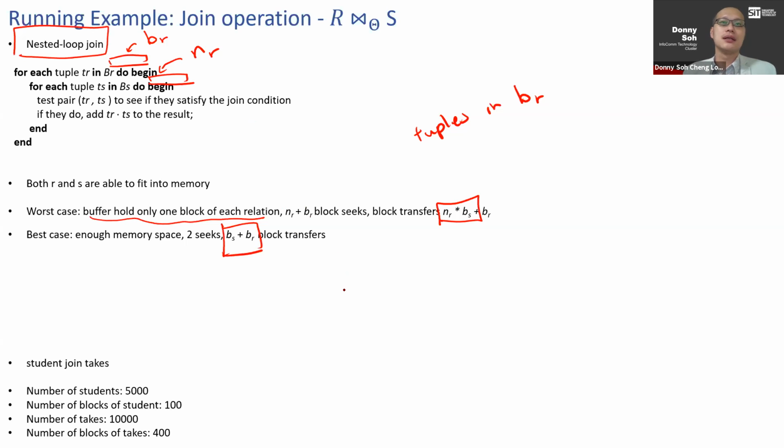How do I put this? It's like I equals 1, and for each iteration, I equals I plus 1. After the end of this, my I will be equal to NR.